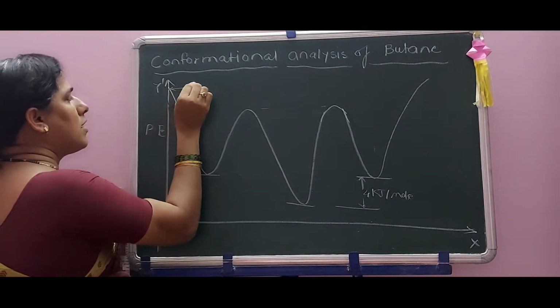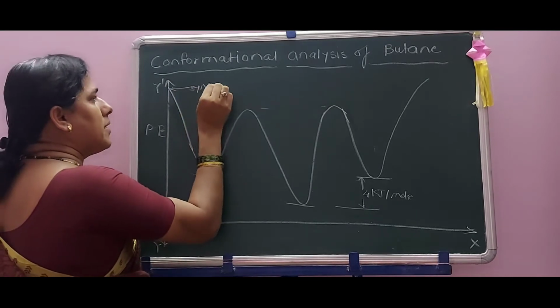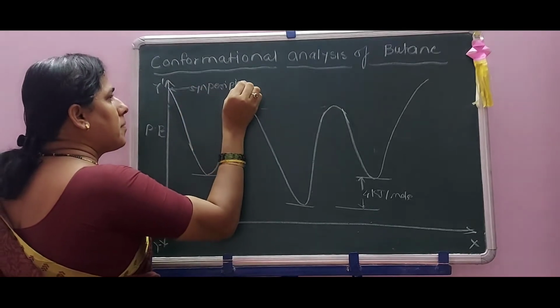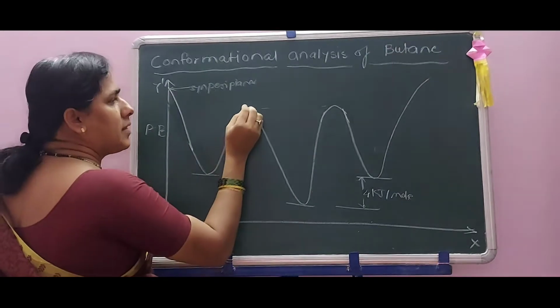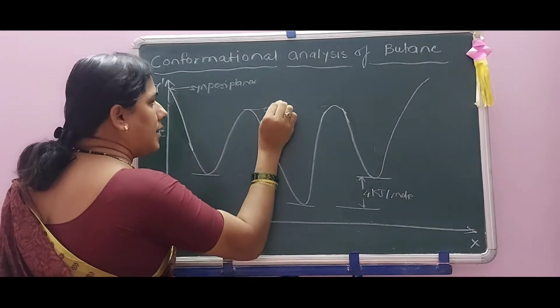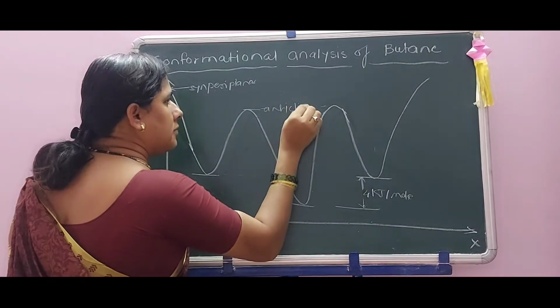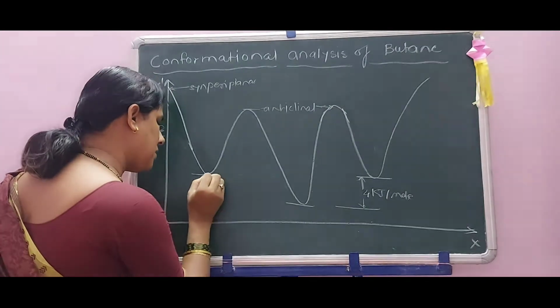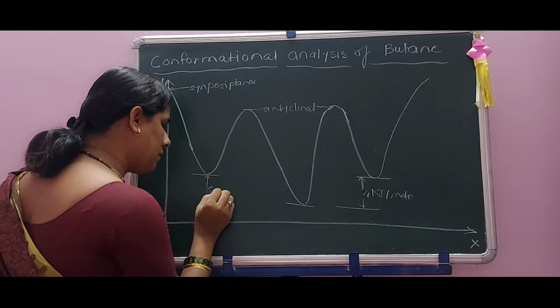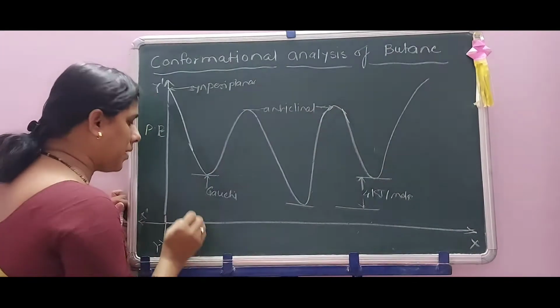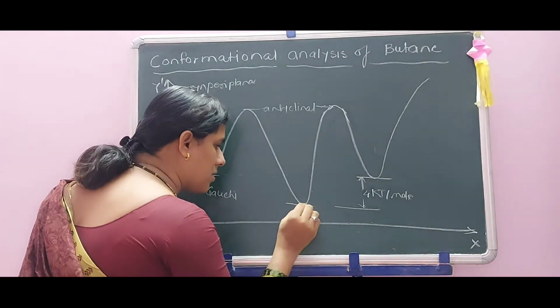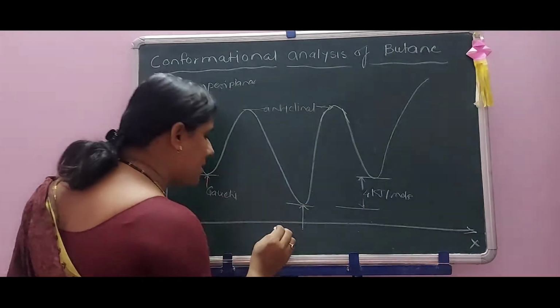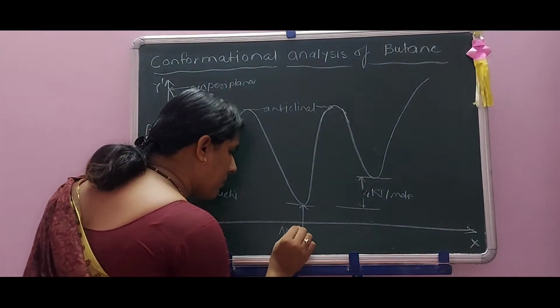This position is called syn-periplanar. This is called anticlinal. This is called Gauche. And the position opposite of this is anti-periplanar.